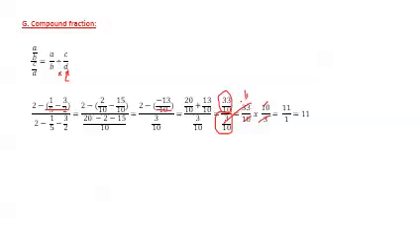Now, the most important one: if I have a compound fraction, like two fractions under each other. It's very easy. It's the first fraction divided by the second fraction. What you do first is apply the priorities of operations. You start with the parentheses, you find its value, and then you do the same denominator and you get 33 over 10.